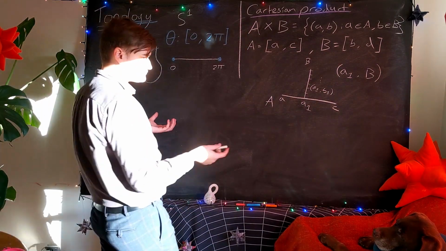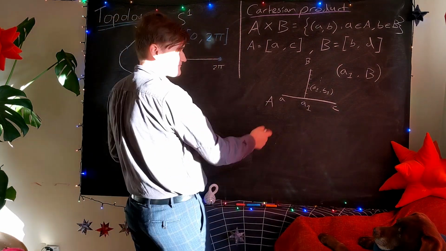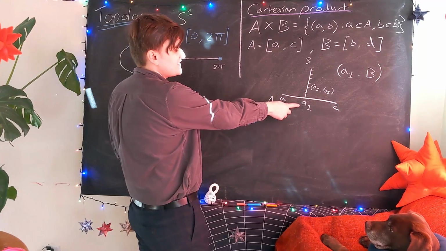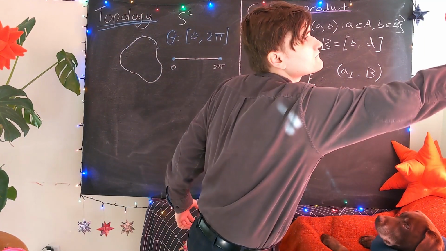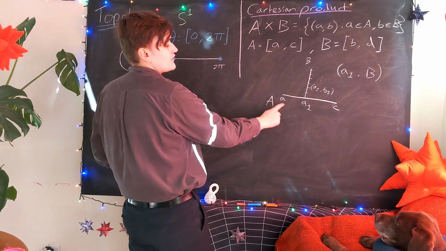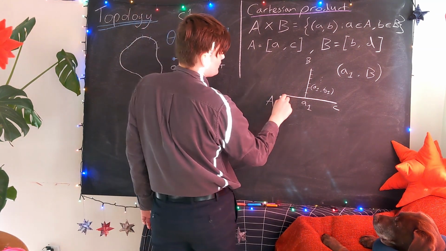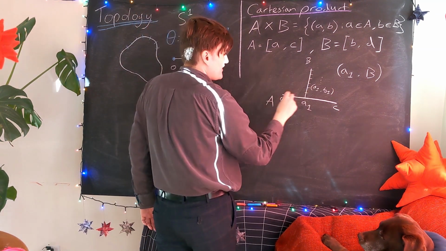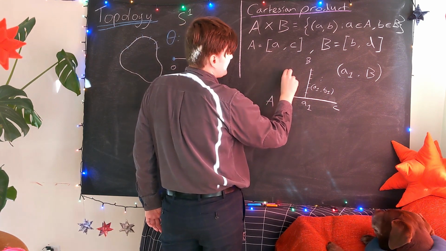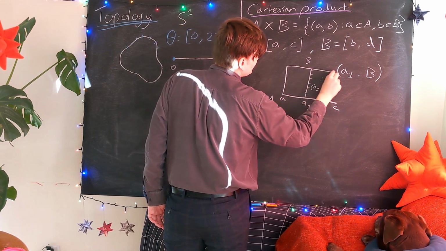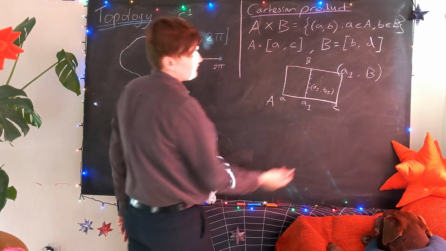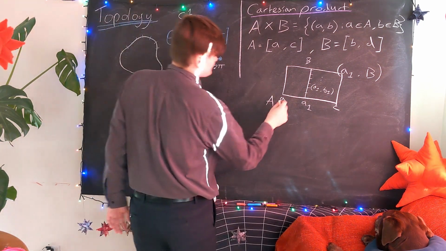Now, this was just for a single element in A, A1. We now need to do this for all of the elements in A. So we attach an entire copy of B to every element in A, and what we get is this kind of square or rectangle shape.